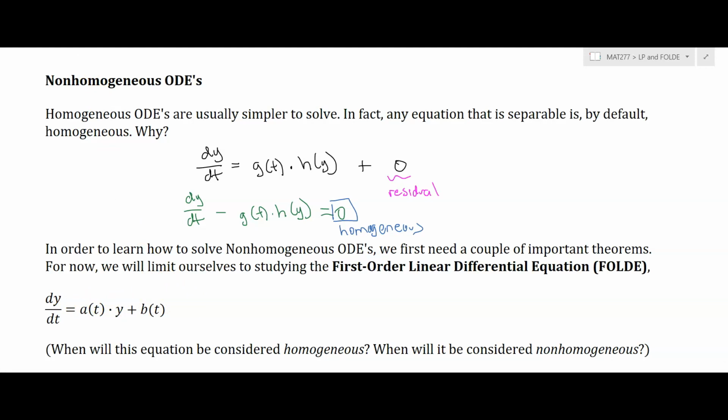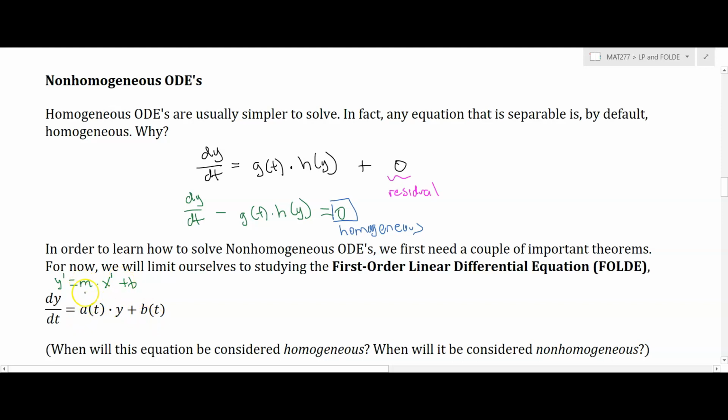I want to draw your attention to a comparison here. It's not the exact same thing, but consider the linear equation y equals mx plus b. When we studied that in algebra, we called it linear because y and x were both to the first power. In our differential equation, y is actually y prime and x is actually y.